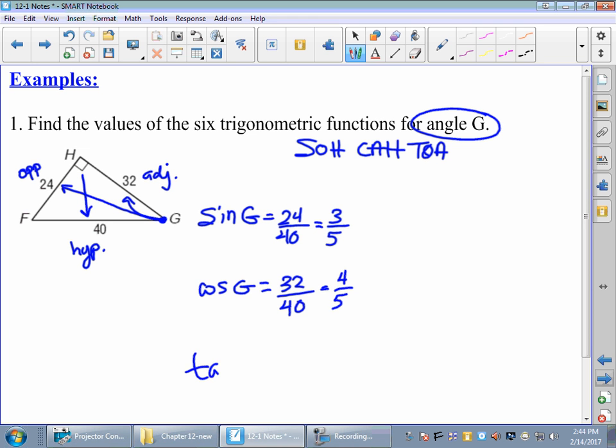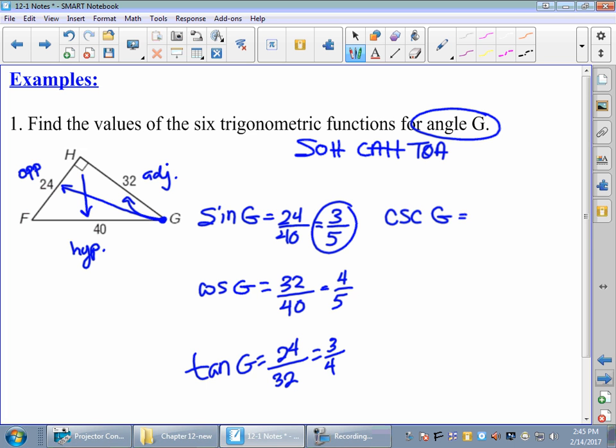And tangent G is equal to the opposite side, 24, over the adjacent side, 32. Again, taking 8 out of each of them, I end up with 3/4. So you always want to simplify your fractions. So now cosecant, which is CSC, cosecant of G, is just going to be the hypotenuse over the opposite, but I already did some simplifying here.